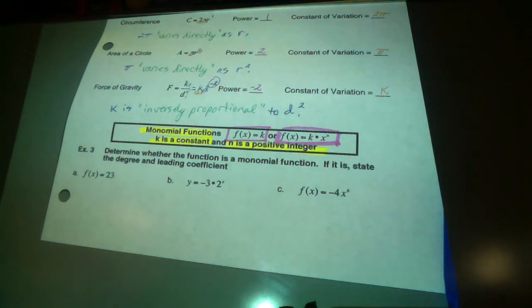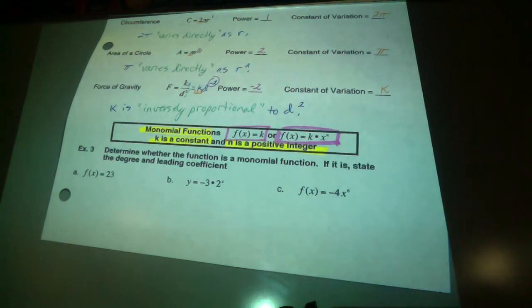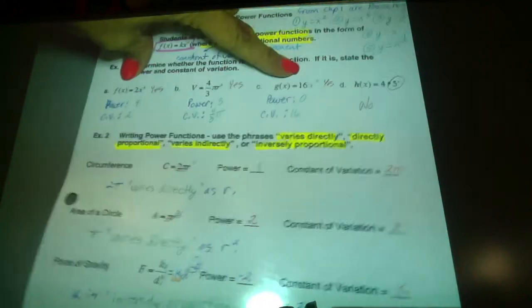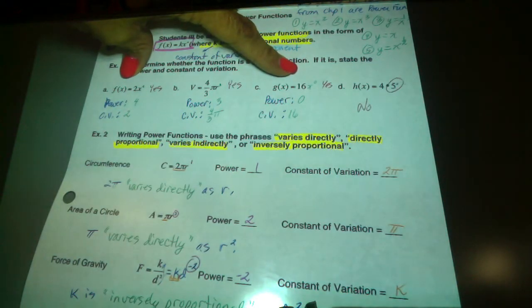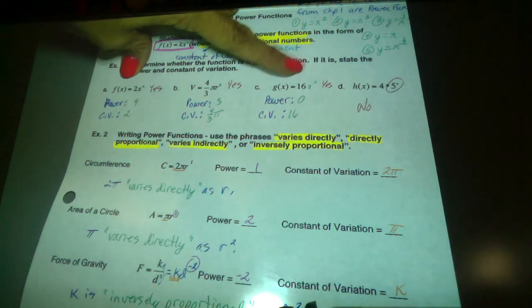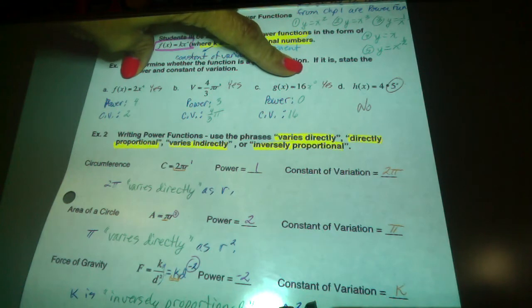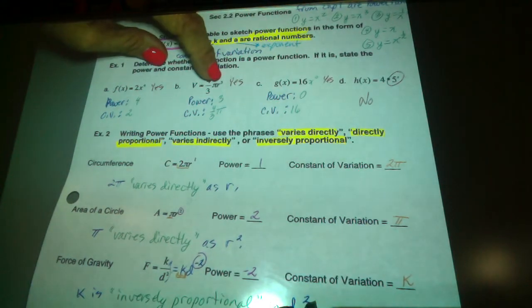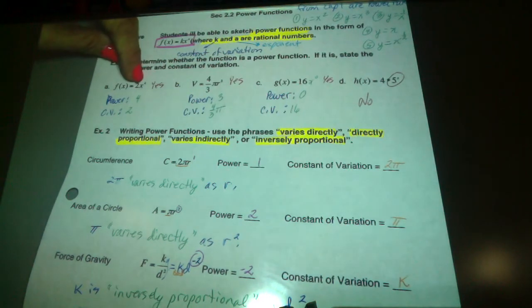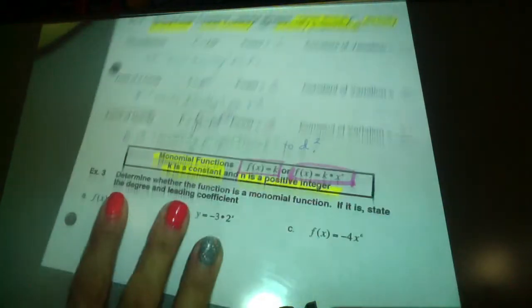Which of the following would not be considered a monomial function of these three up here? C is a constant monomial function, so yes. This is okay because we don't have a negative exponent. What about your formulas here?